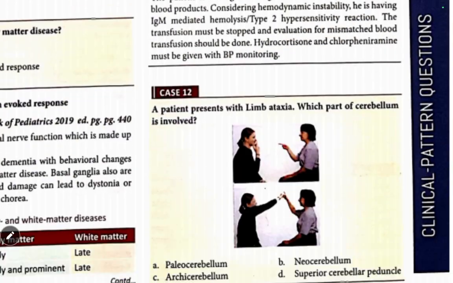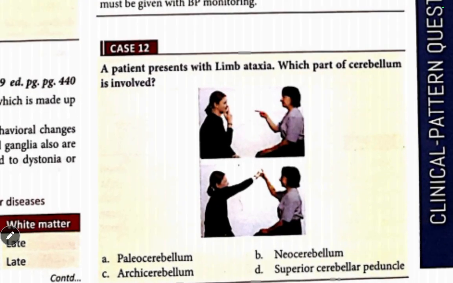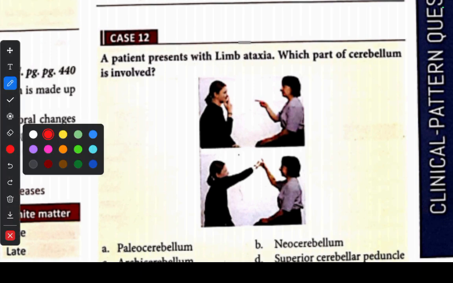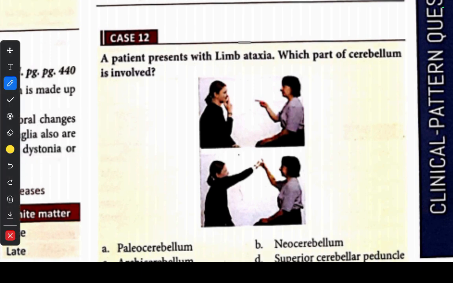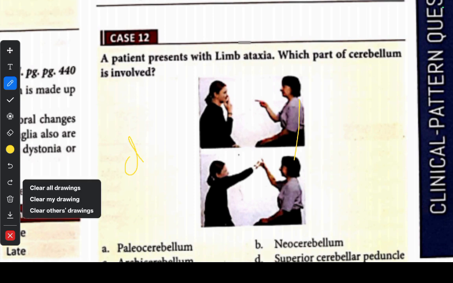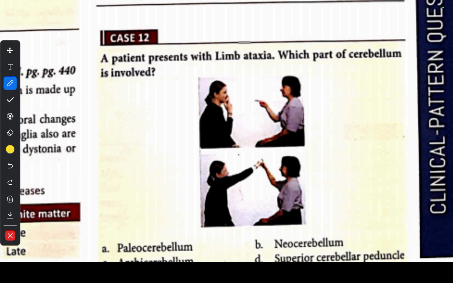11, 12. This is what happened here. I think whenever you are rotating in the general medicine department, you guys know this test. It is the test for dysdiadochokinesia, for the cerebellar lesion. It is the finger to nose test for checking any cerebellum lesions.